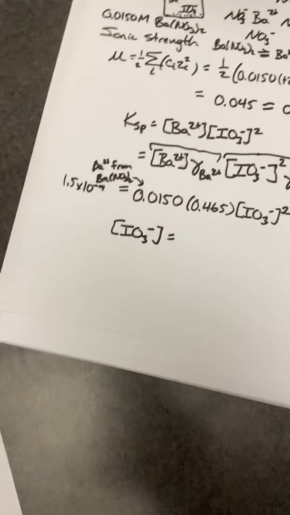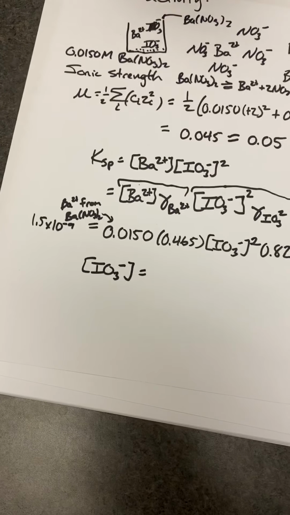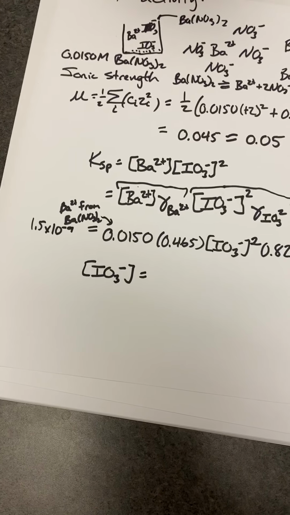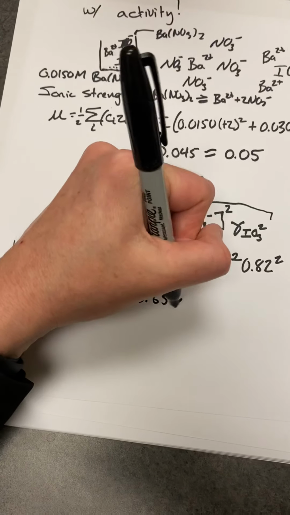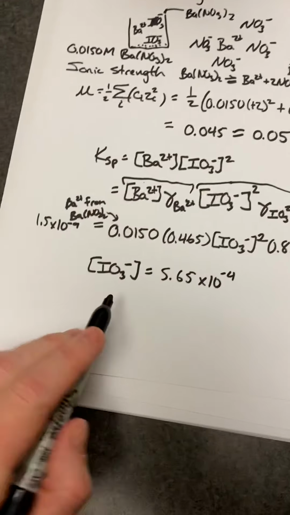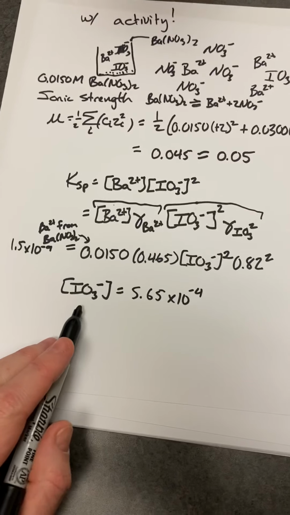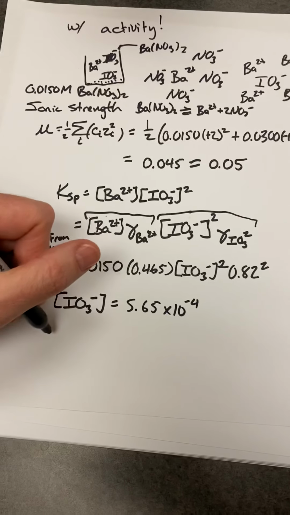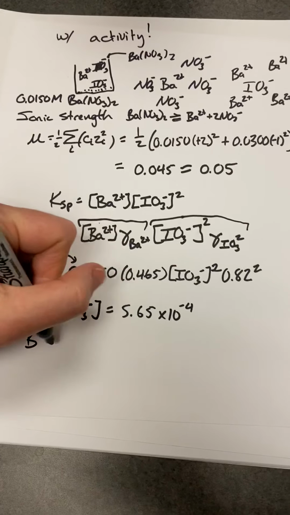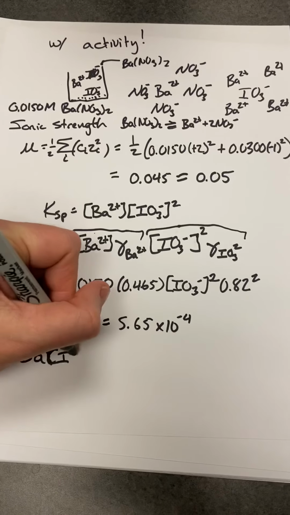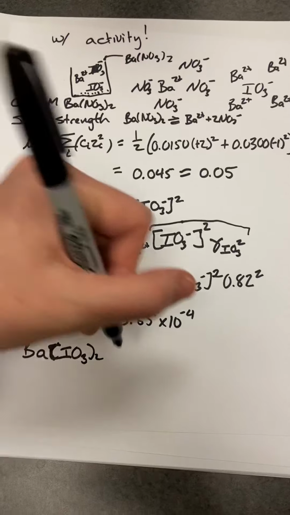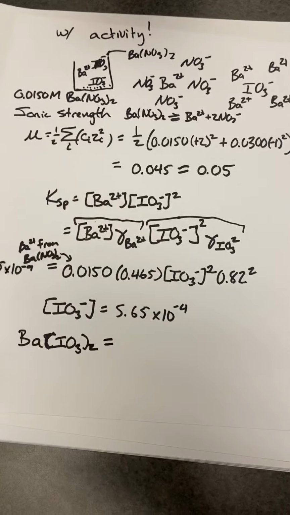Simply make this an X in your equation, and if you do that, you get an answer of 5.65 times 10 to the -4. Now that was our iodate concentration. The question originally asked for the barium iodate solubility.